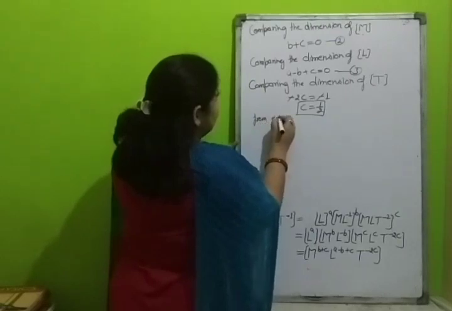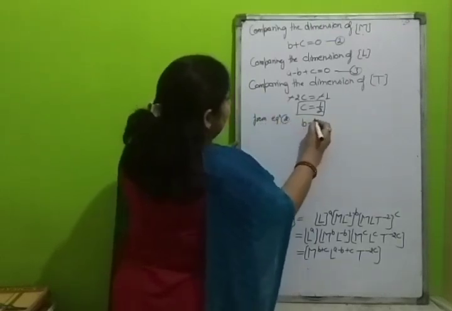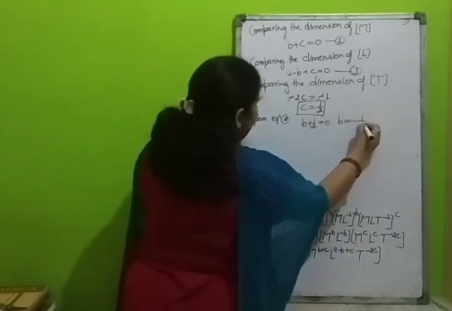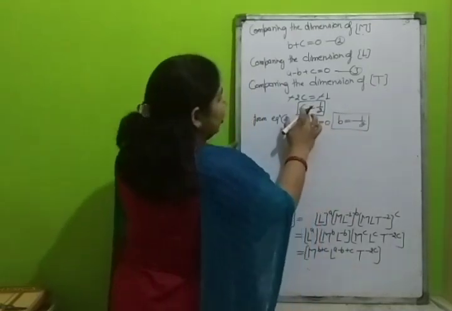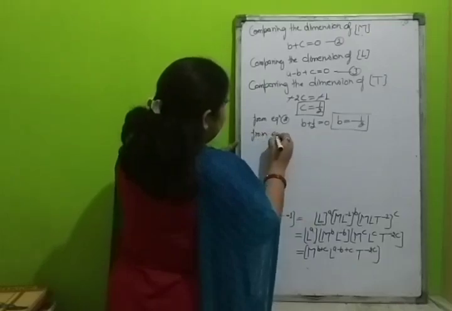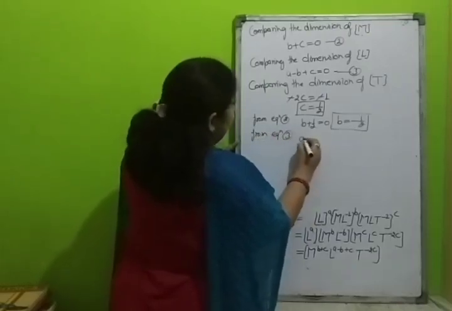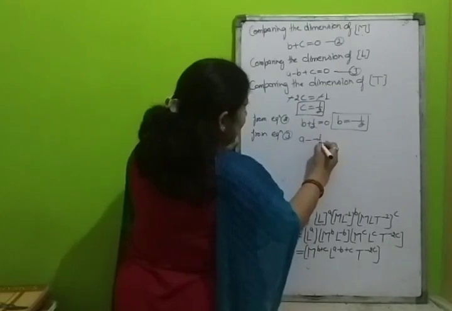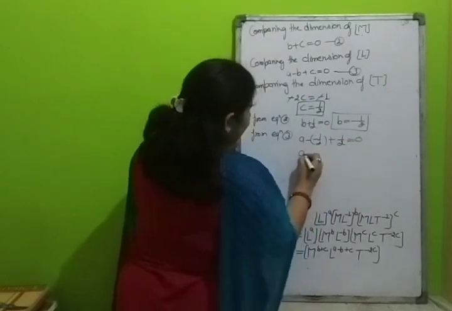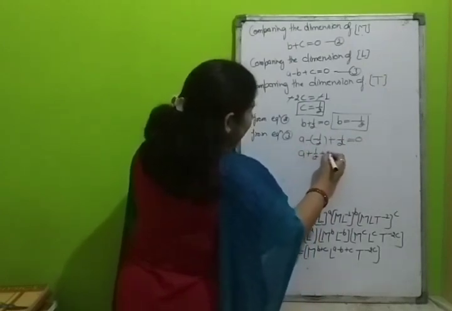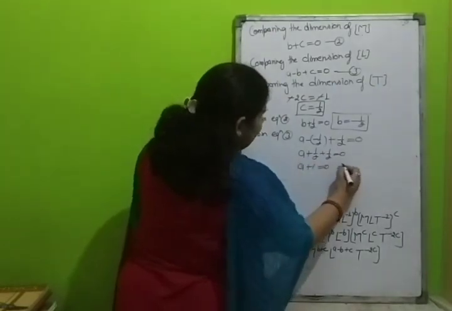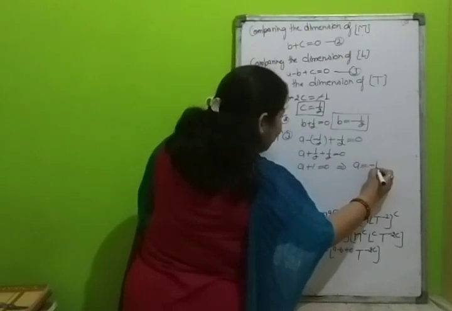From equation 2, B plus half is equal to 0, then B is equal to minus half. Now put the values of B and C in equation 3. A minus half plus half is equal to 0. What we have? Minus plus half is equal to 0, A plus 1 is equal to 0, which implies that A is equal to minus 1.